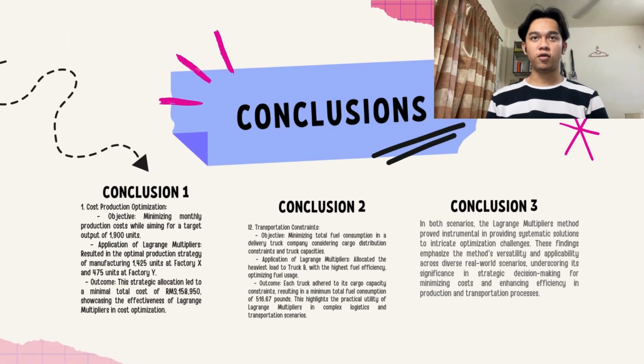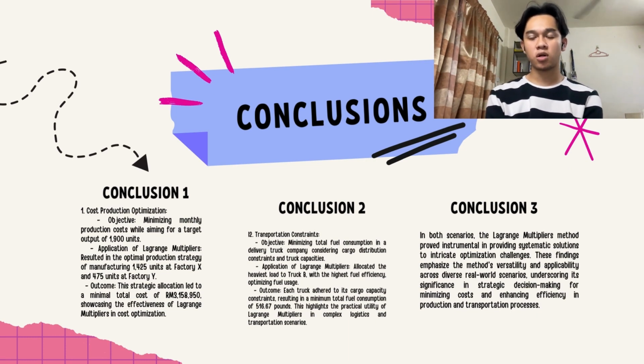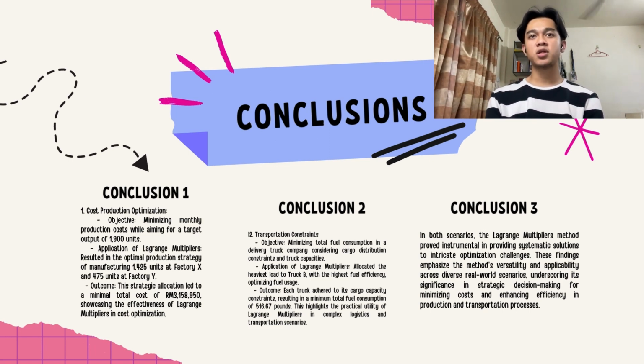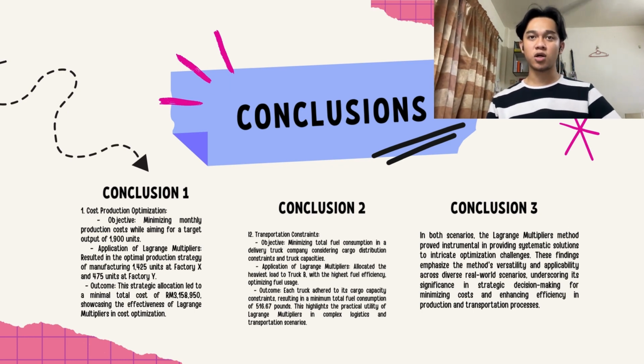The objective of cost production optimization is to minimize monthly production cost while aiming for a target output of 1,900 units. The result is an optimal production strategy of manufacturing 1,425 units at Factory X and 475 units at Factory Y. This strategic allocation led to a minimal total cost, showcasing the effectiveness of Lagrange multipliers in cost optimization.